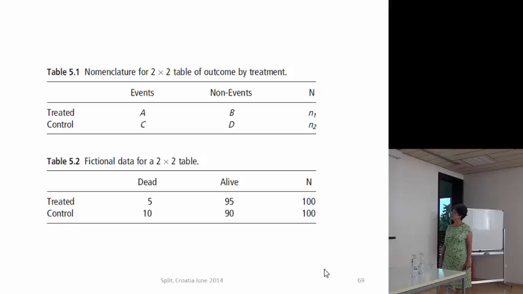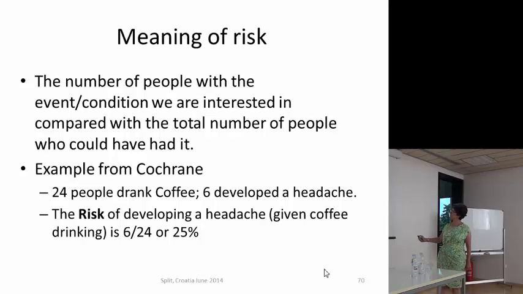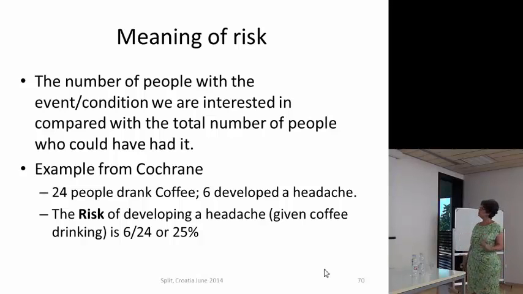In the treated group, you had 5 dead at the end of the study and 95 people that were alive. In the control group, you had 10 deaths and 90 people staying alive. So I'm borrowing from Cochrane's training materials here because it's really a very clear explanation as far as I'm concerned.